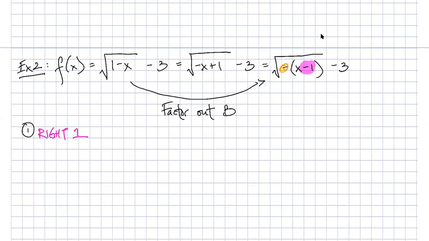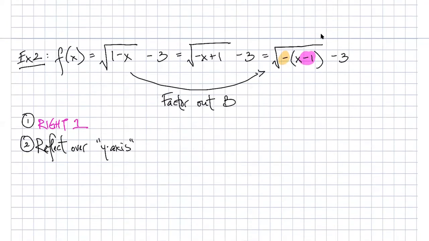We've got a negative in front of there, so that means that we are going to reflect over the "y-axis." I'm going to put y-axis in quotations again.